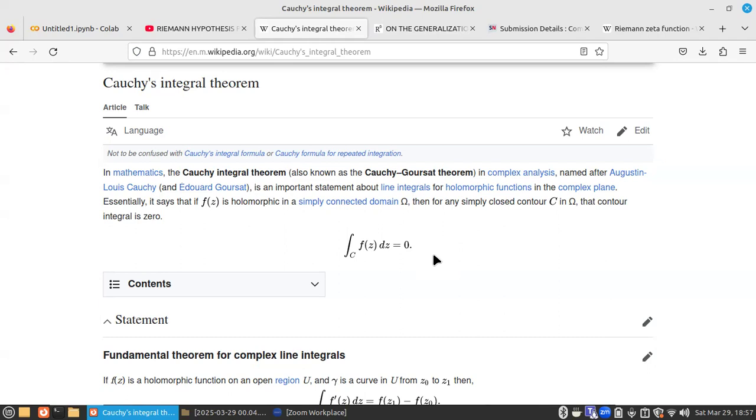Since we are restricted from the division by zero, we have a hole in our simply connected domain where our reciprocal of Riemann zeta function is not holomorphic anymore.